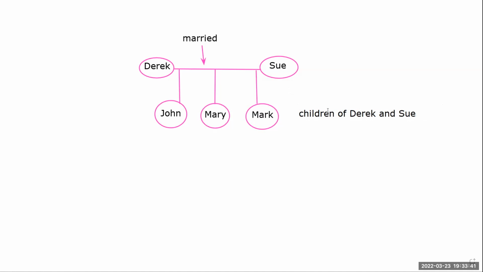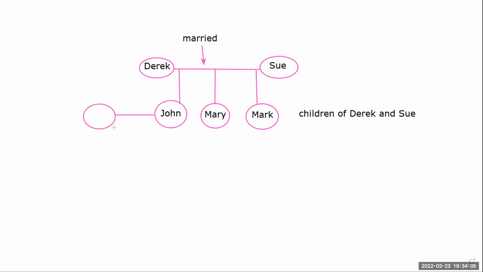Right? So let's say John got married to someone. So we draw this line again. Remember, the straight line like that tells us that the 2 persons are married.